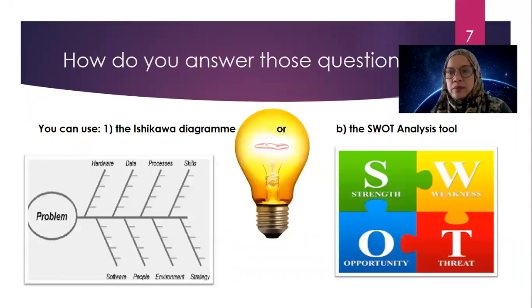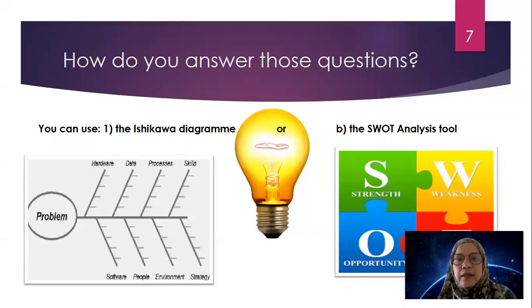Once you have read the text and understood the questions, how do you answer them? In your head, imagine using the Ishikawa or fishbone diagram or the SWOT analysis tool. Let me show you an example.